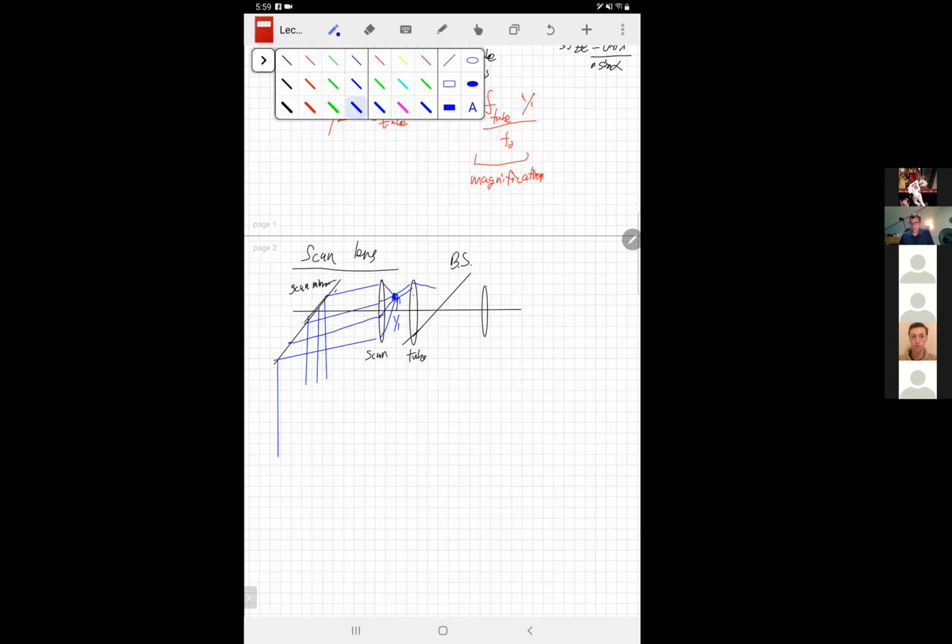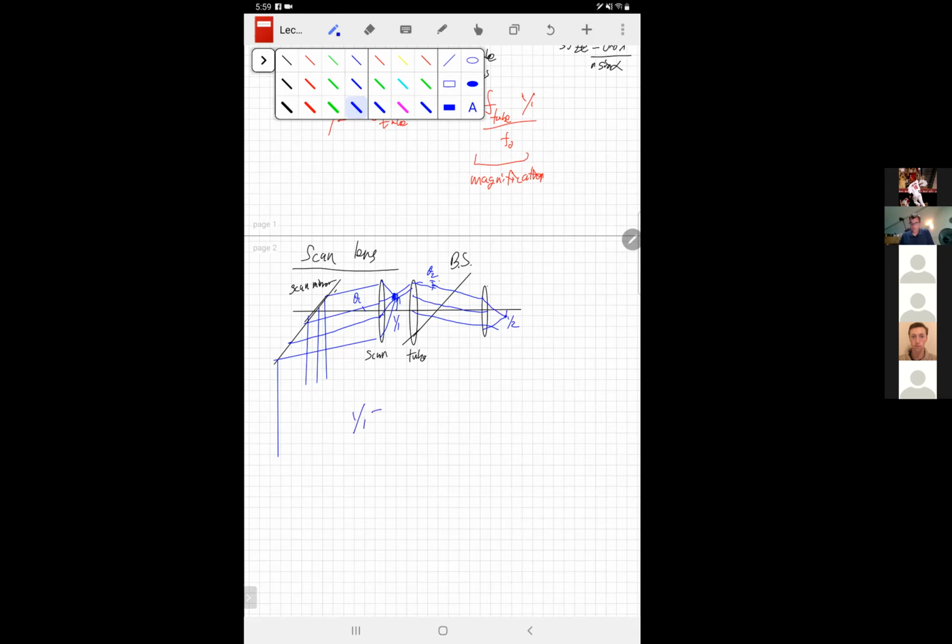They go through this at an angle. This is theta 1. They get focused at y1. They make an angle theta 2 coming out of the tube lens. And then finally, they get focused here, a distance y2 off axis.